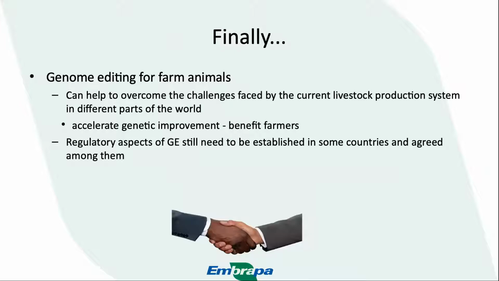So to finalize, we believe that genome editing will be very useful to overcome the challenges we face in our current livestock production system. We can use this to increase animal production while reducing the pressure on the use of land. This is very important here when we think about the Amazon, for instance.